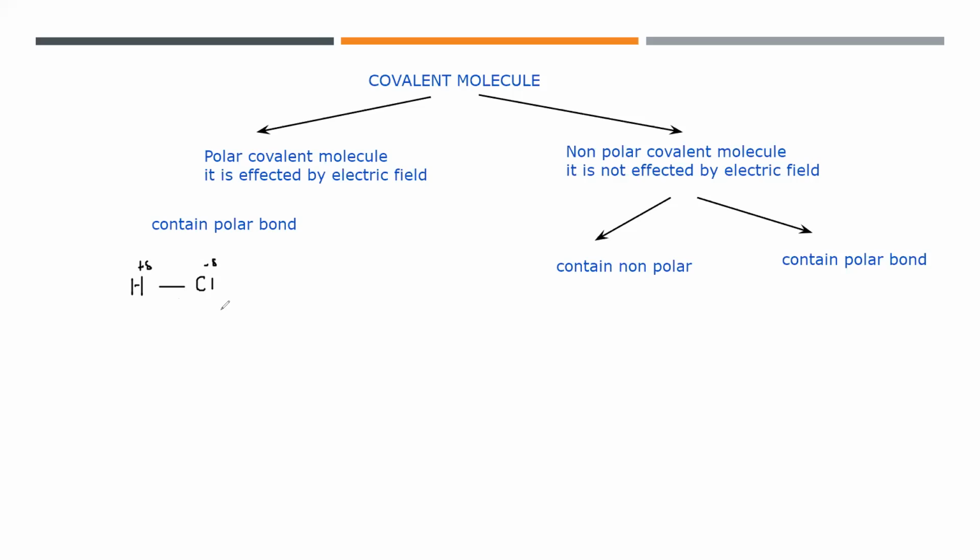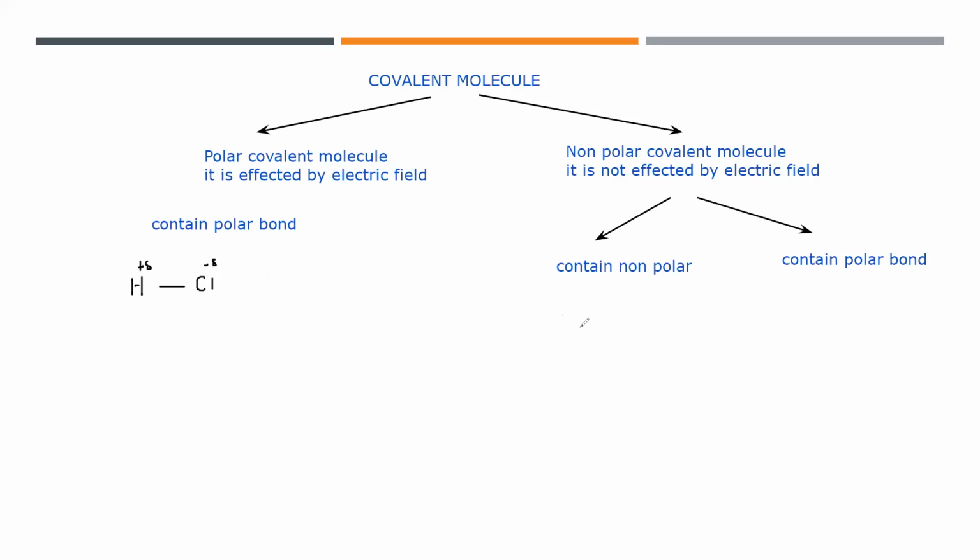So this molecule will be polar, with polar bonds. Why are the bonds polar? Because the bonds are formed between two atoms which have a difference in electronegativity. And the molecule is also polar because overall they are not cancelling out the effect of each other.